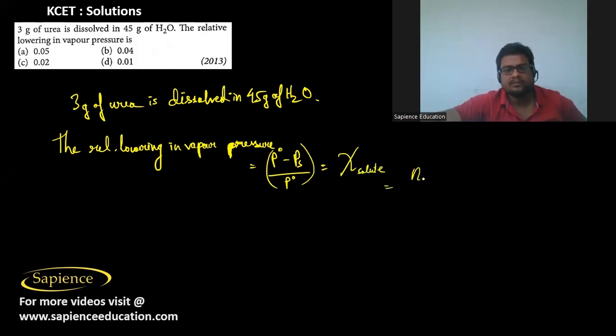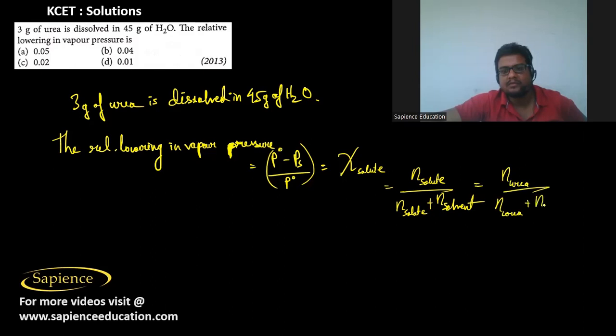So that is equal to the number of moles of solute divided by the number of moles of solution, which is the number of moles of solute plus the number of moles of solvent. So here 3 gram of urea is used, so we have to find the number of moles of urea divided by the number of moles of urea plus the number of moles of water.